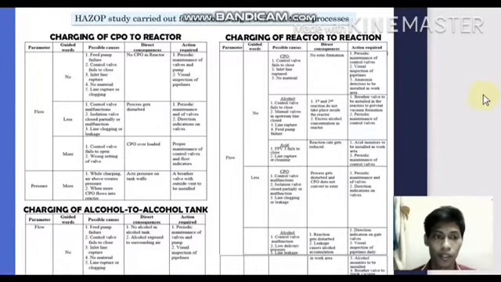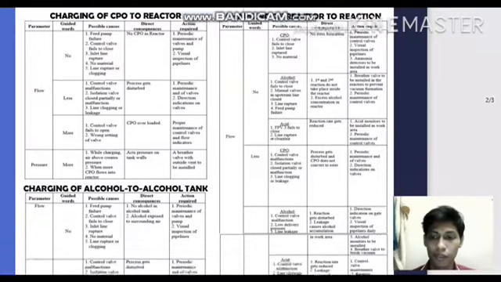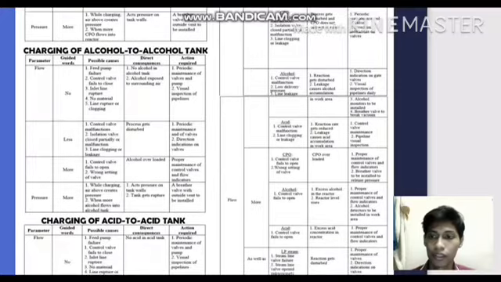Next we go for charging of alcohol to alcohol tank. Basically the HAZOP study is almost the same as for charging of crude palm oil to reactor.